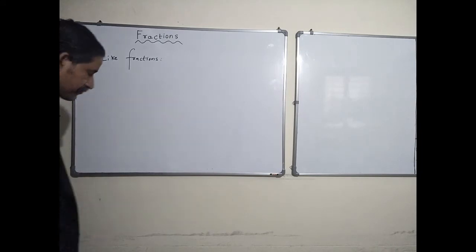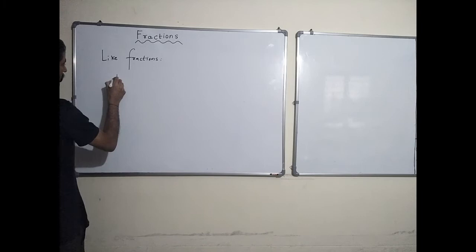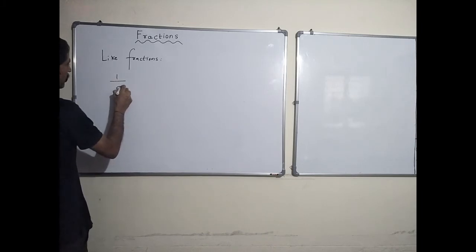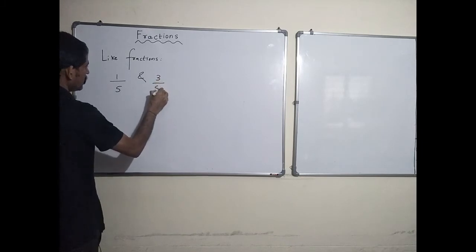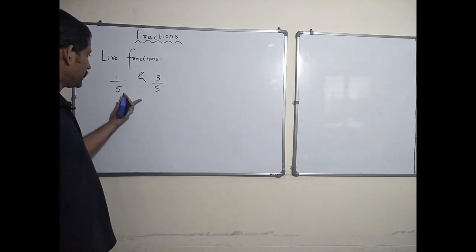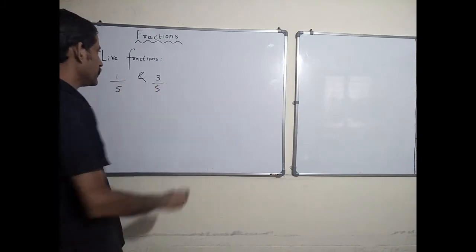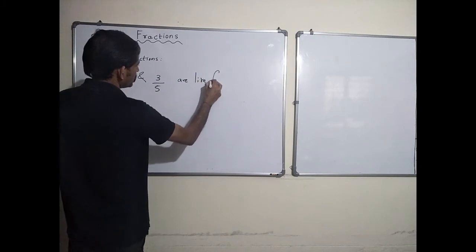Two fractions are said to be like fractions if they have the same denominator but different numerators.